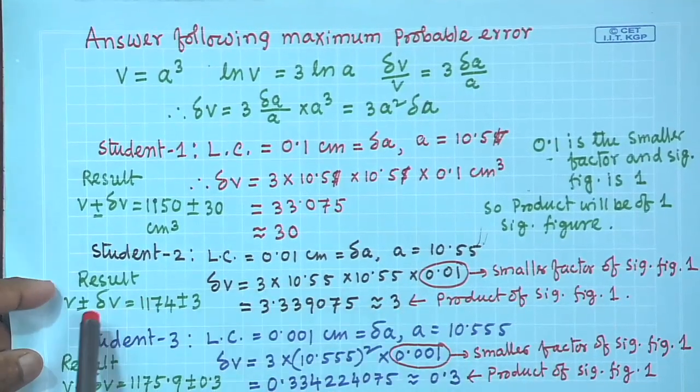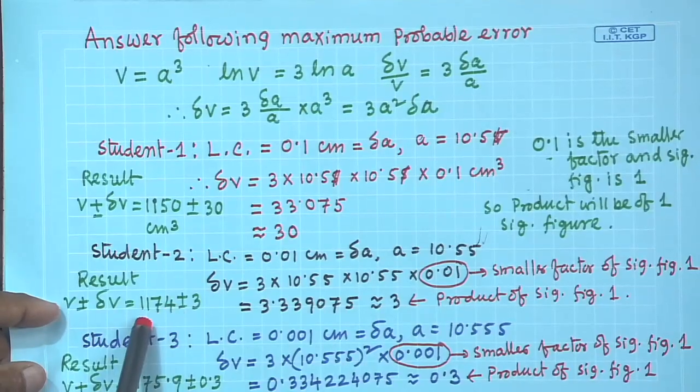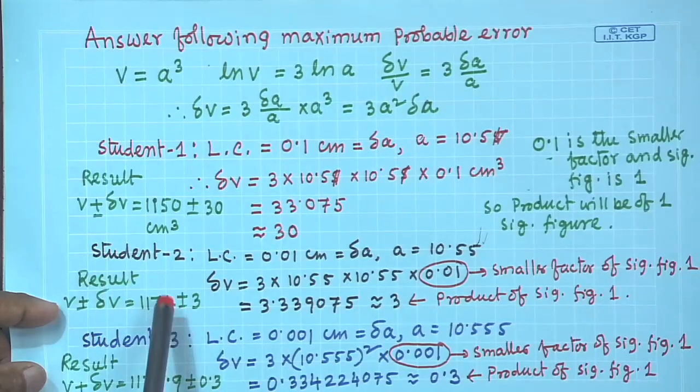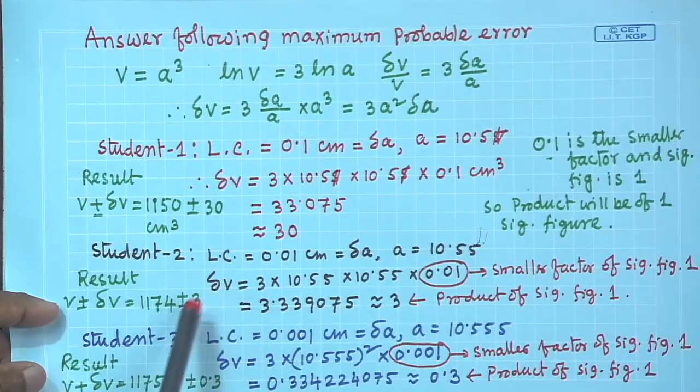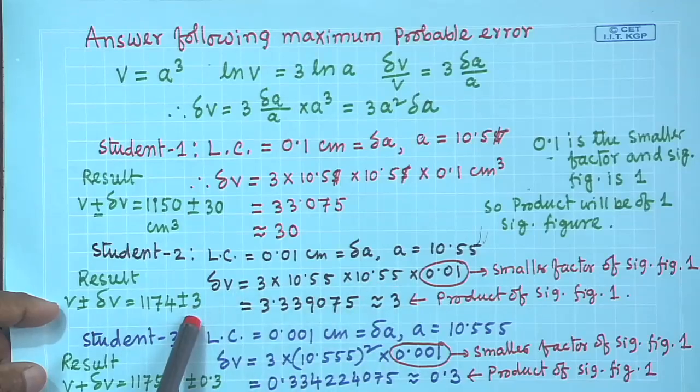So, for student 2 the result will be 1174 plus minus 3. Earlier we knew the error will be at the last significant figure, it can be 4, 5, 6, 7, uncertain. We could not say the exact amount of error, but now we are able to say it is plus minus 3.